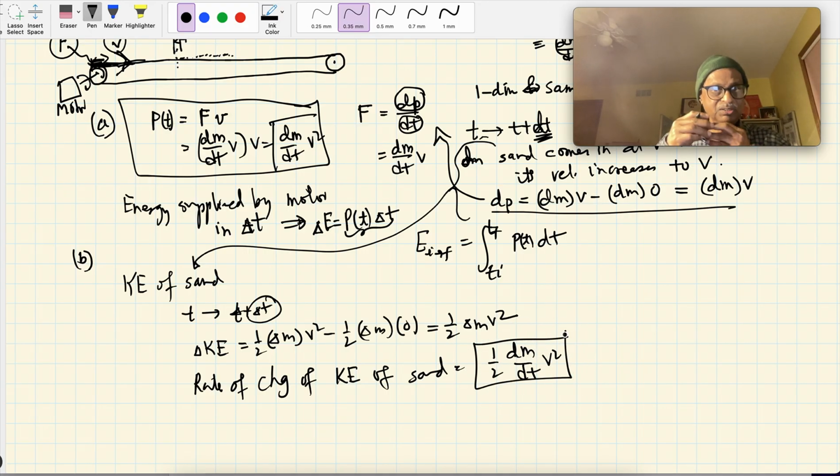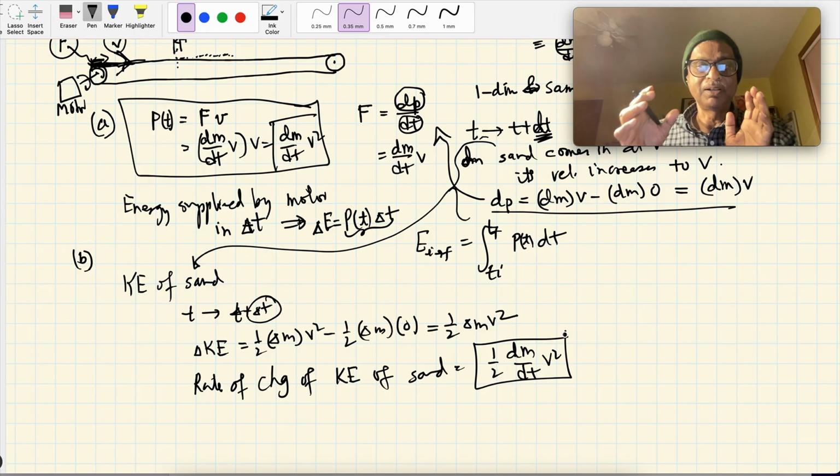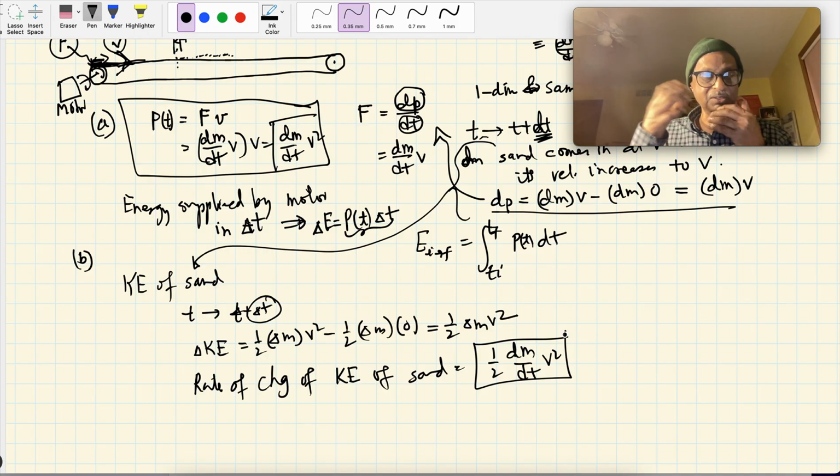So if we just use the regular intuition, we kind of miss something. That's not the only place the energy is going. It's not just increasing the kinetic energy. What's also happening is that when the sand comes in, it doesn't just become v right away.